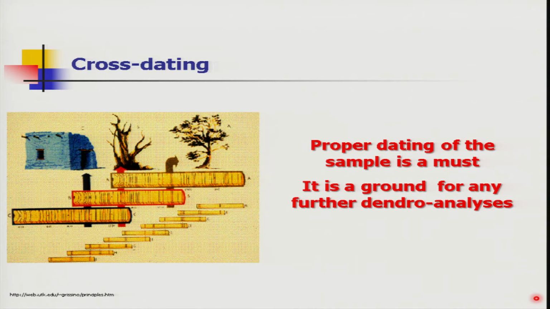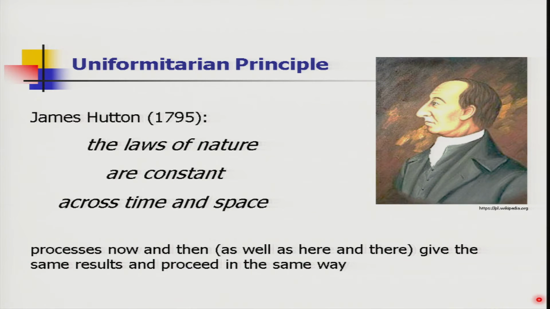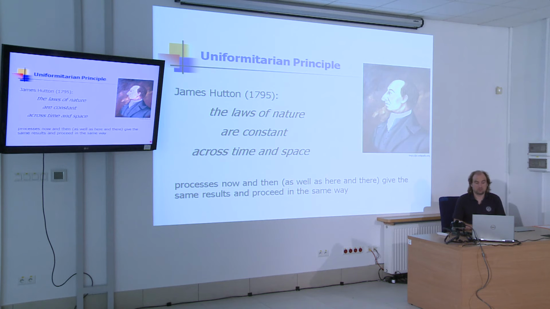The concept that allows using dendroecology in environmental studies is the Uniformitarian Principle. One of the authors is James Hutton. This concept appeared in geology at the end of the 18th century, at the beginning of the 19th century.